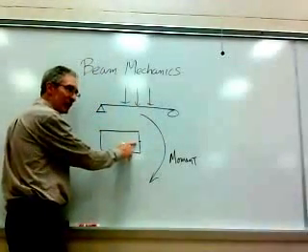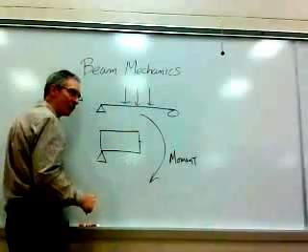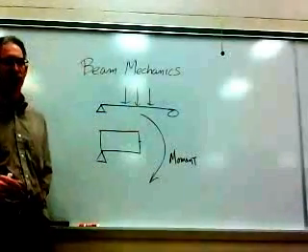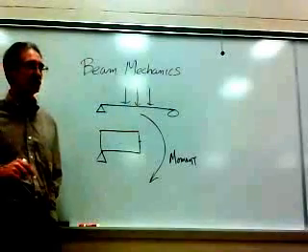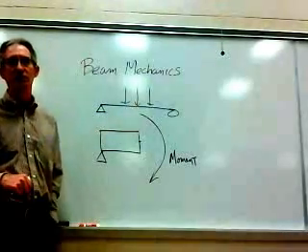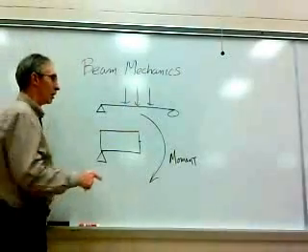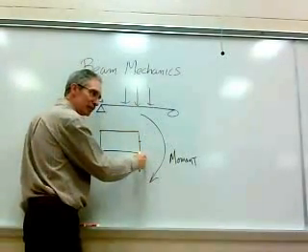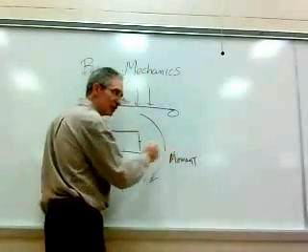There's a place in the beam, on the beam's cross section, that doesn't have any stress at all. Doesn't have any strain. That point is called the neutral axis. On one side of the neutral axis, the beam's going to be in tension. The fibers of the beam are stretching.